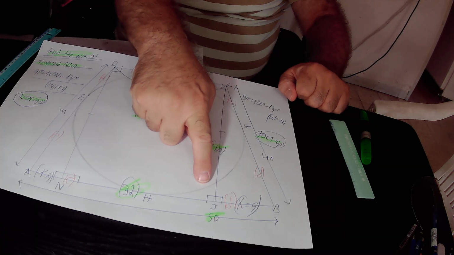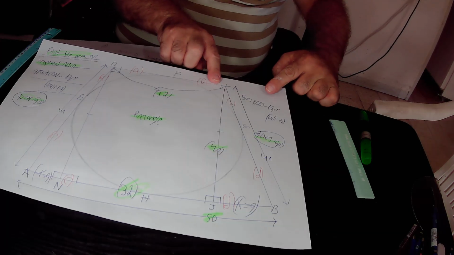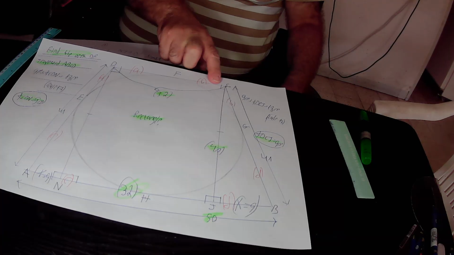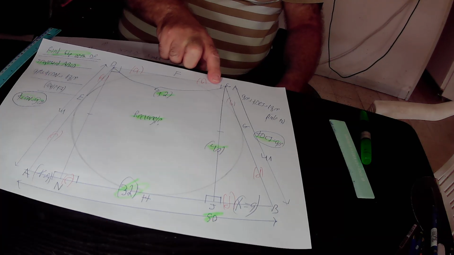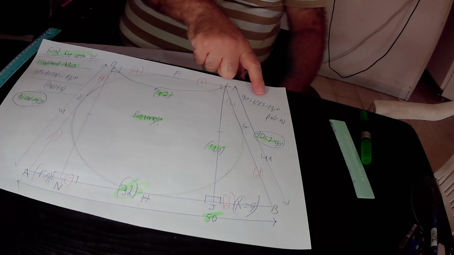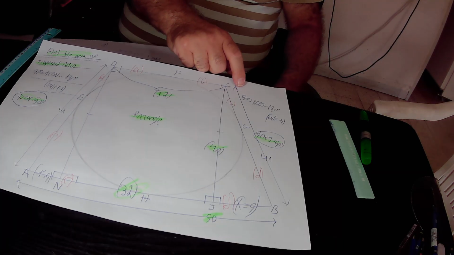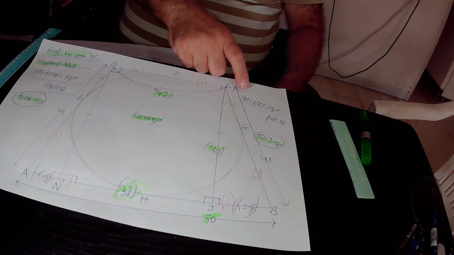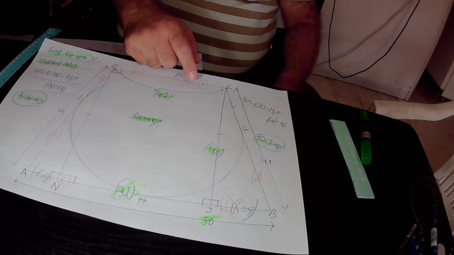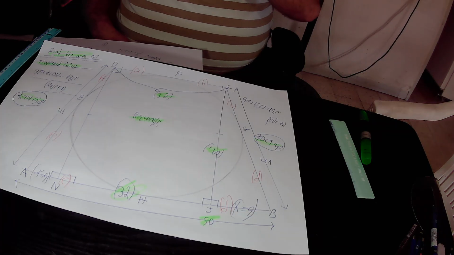But this is a right angle, so 90 degrees plus the size of this missing angle, that is actually angle DCJ, in total must be equal to 180 degrees according to Rule 17. Here we subtract 90 degrees from this equation, and we find out that the missing angle DCJ equals 180 degrees minus 90 degrees, which is 90 degrees. So this is the missing angle DCJ, which equals 90 degrees in size.